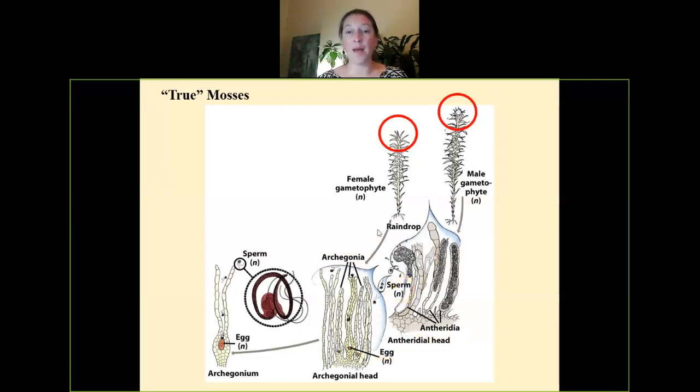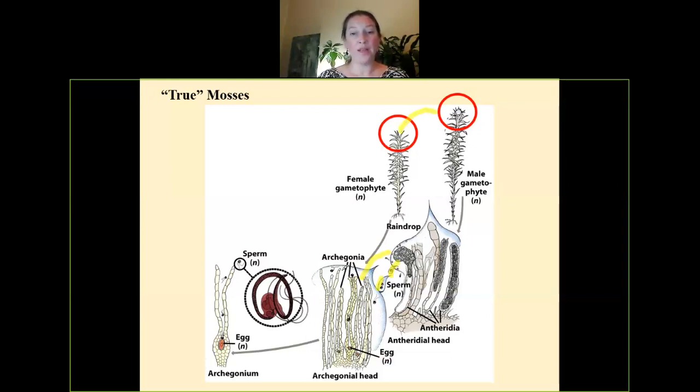What will happen is a raindrop will drop on top of this male gametophyte plant. That is going to cause the sperm to get splashed out and hopefully land on the top of the female gametophyte plant.